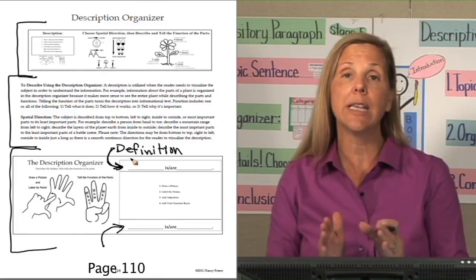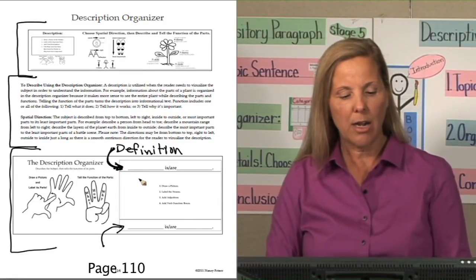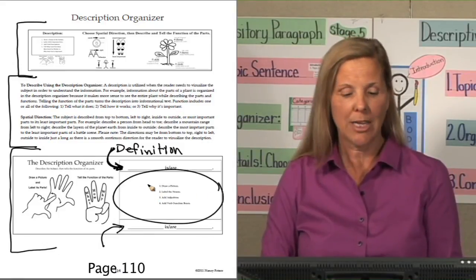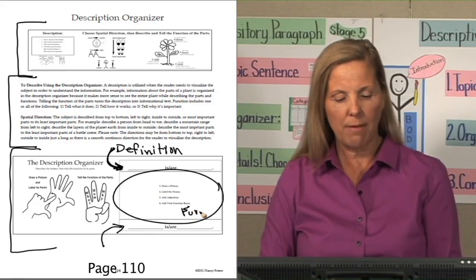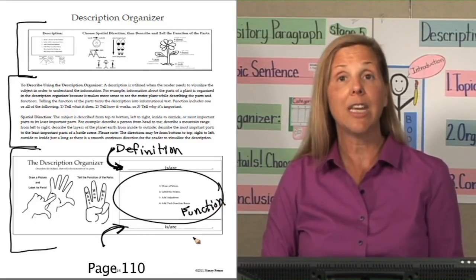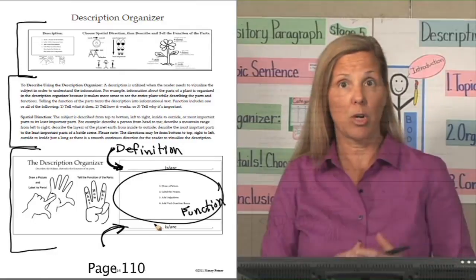A roadrunner is a desert bird. Once I have the definition there, then in the middle, the body, I will draw a picture, label the parts, and then also tell the function of the parts. Finally ending with a definition, which is a restatement that it's a desert bird using different words.